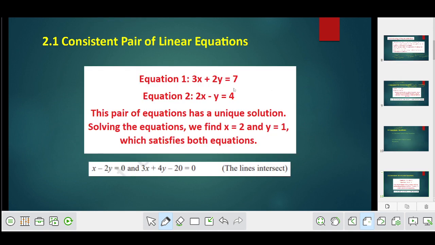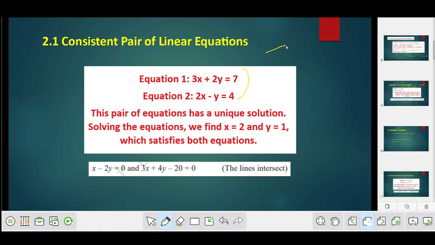For a consistent pair of linear equations, suppose there are two equations. The first one is 3x plus 2y equal to 7. The second one is 2x minus y equal to 4. A consistent pair of linear equations claims that these equations should have a unique solution because they intersect each other.